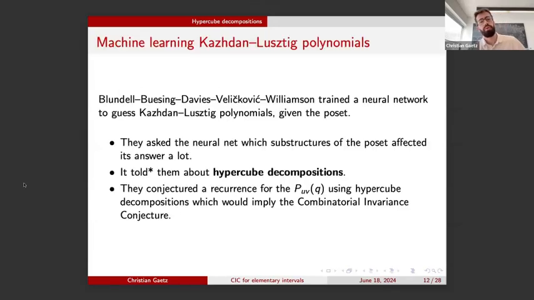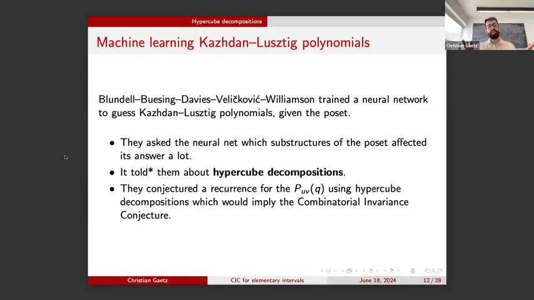Okay, so these hypercube decompositions were discovered in a rather interesting way. So there's this work of these 5 authors from, I think, 2021. Of these, Geordie Williamson is a representation theorist who's done a lot of work on Kazhdan-Lusztig polynomials. The other 4 work at DeepMind, which is Google's machine learning lab.